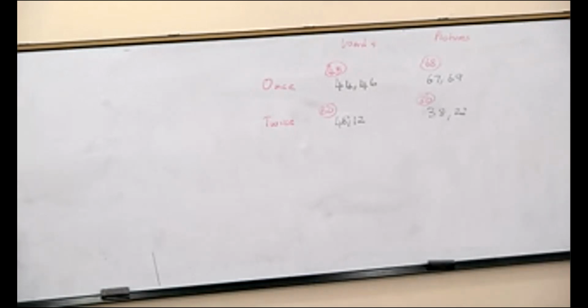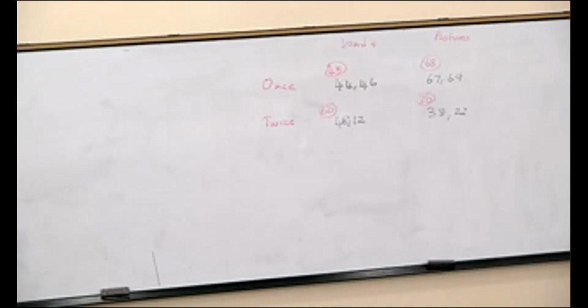What about the average of those two numbers? All of them added together was 206 divided by 4. Are you sure? Oops, hold on.